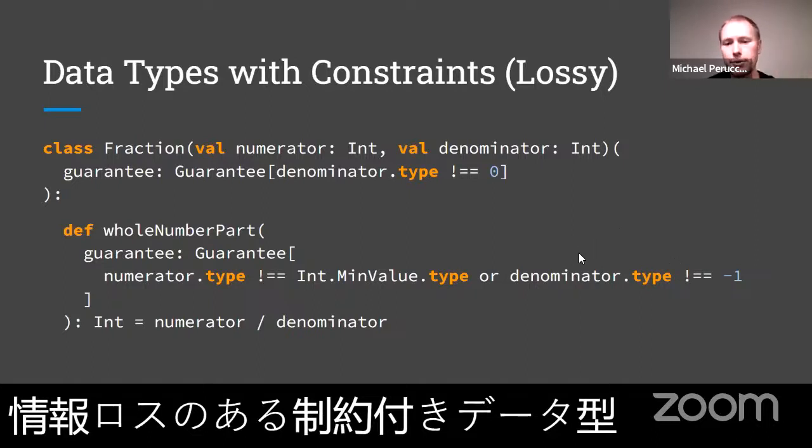Because if that were to happen, we would get an overflow and we would have a bug. And we don't need to check that the denominator is not going to be equal to 0 because we've already done that in the constructor. So we have all the guarantees we need now to do that.